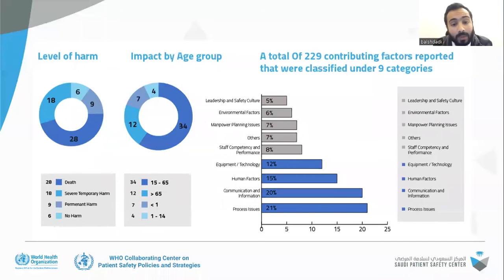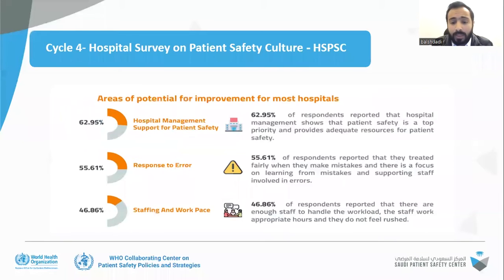Next, please. When we look at the Saudi Hospital Survey on Patient Safety Culture, Cycle 4 this year, and we see the lowest scored domains, we can see clearly that for the second year, the lowest scored domain was response to error. Last year, it was the lowest; this year, it was the second lowest scored domain.